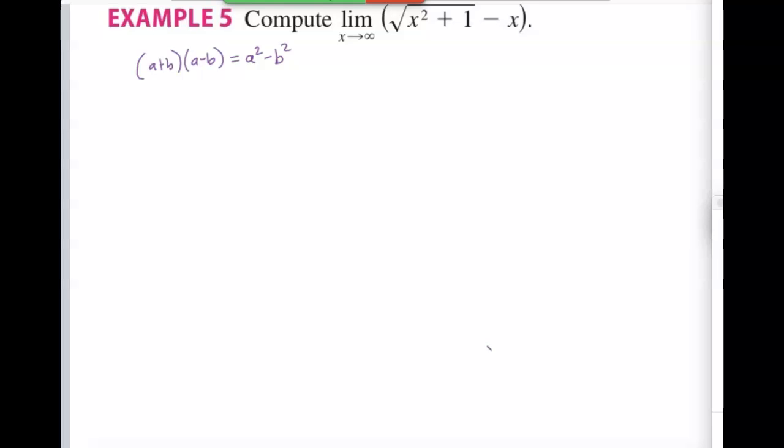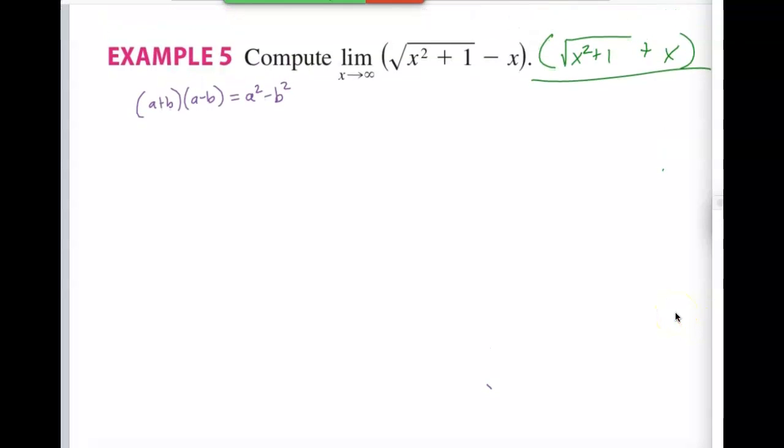And so what I'm going to do is force this to be a fraction by multiplying it by its conjugate pair, which is the same terms but connected by the opposite sign. So it's square root of x squared plus 1 plus x, and I'm going to multiply that over itself.